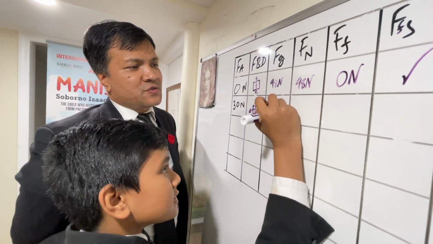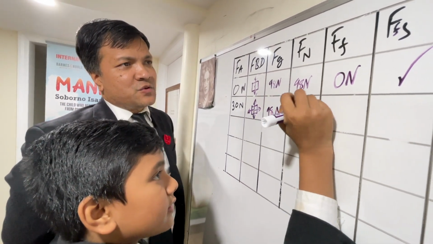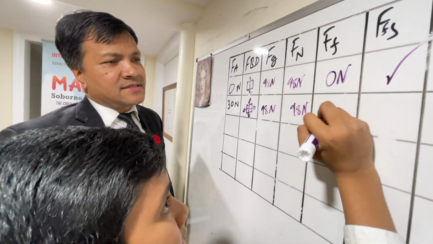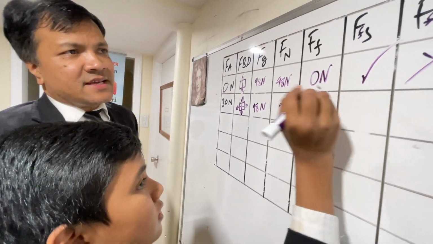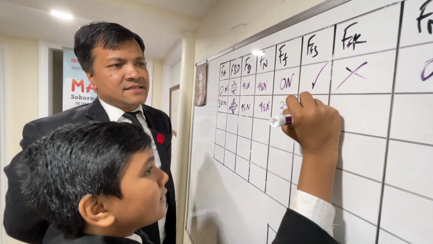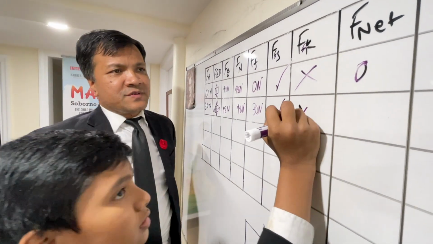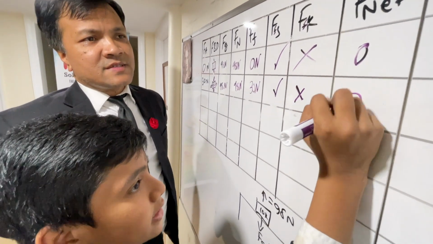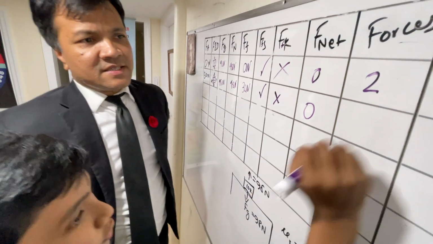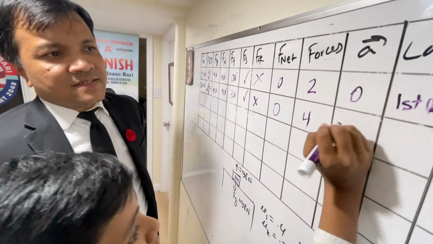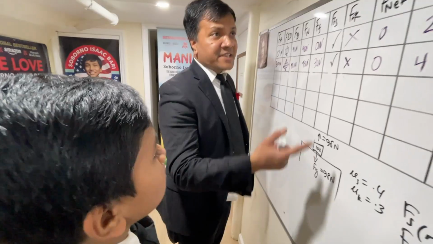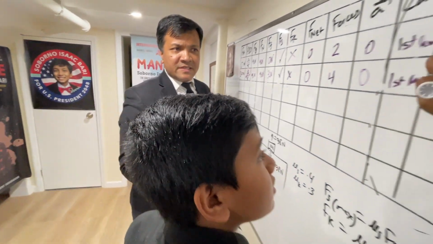What is the normal force? 98. What is the force of friction? Force of friction is now 30. Static or kinetic? It is still static because it did not reach the threshold. The net force is still 0. How many forces are acting on it? 4. What is the acceleration? 0. Acceleration is 0 means Newton's first law. That's the end of this story.